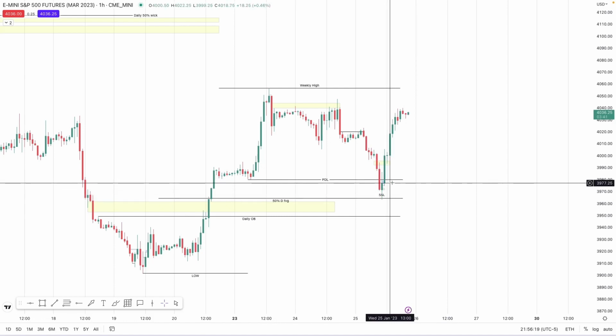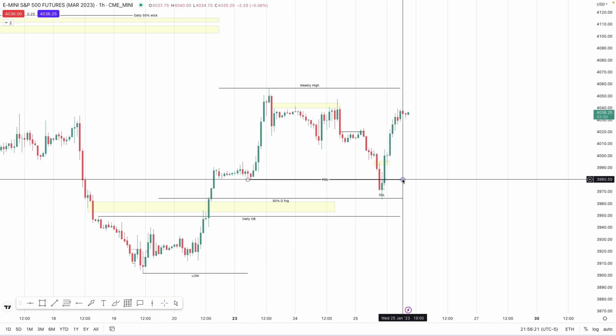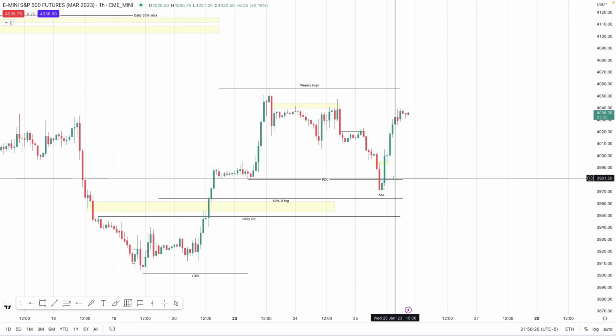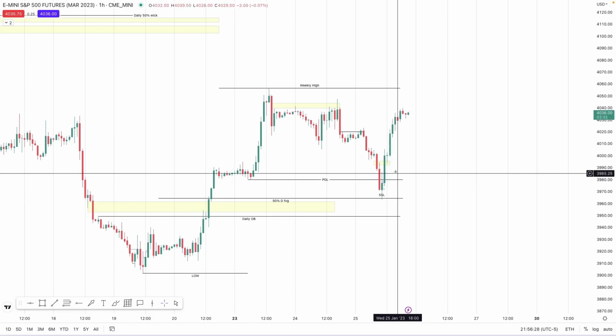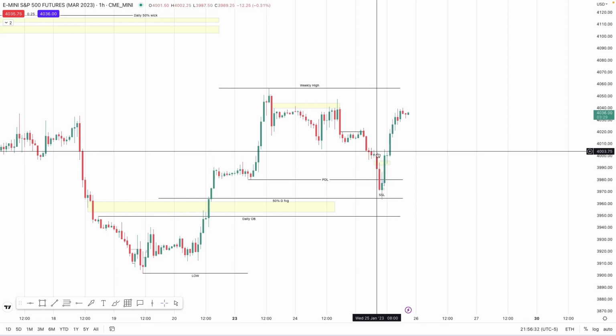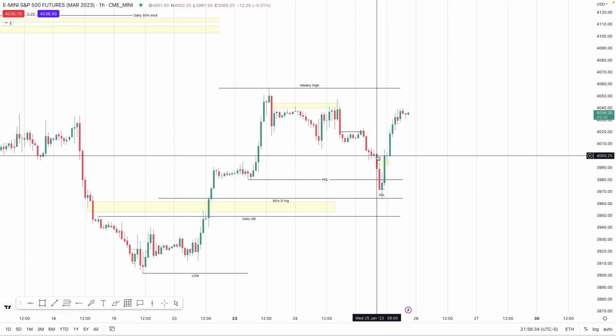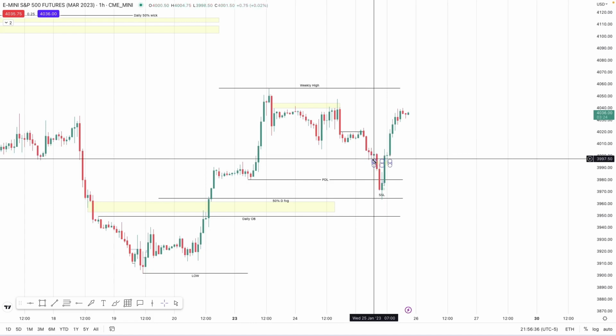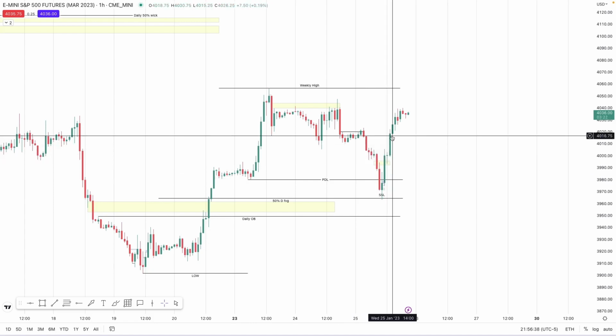There was a nice optimal trade entry right here to go long. And then as price is moving up, now we're looking for our low resistance liquidity runs. So we had these swing highs right here, which you'll see on the lower time frames, and we run up and run up through those.